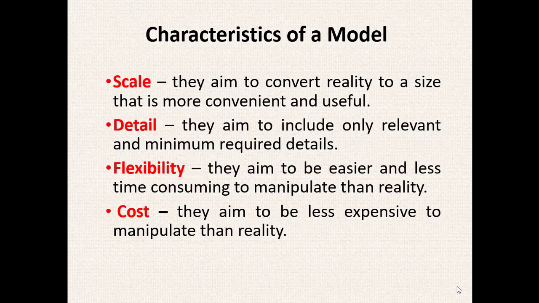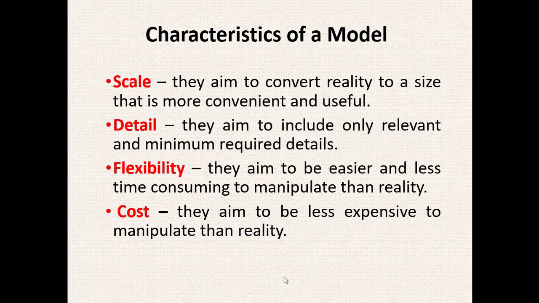Then the cost. They aim to be less expensive to manipulate than reality, right? So when it comes to this manipulation, if you have attempted to do this in a manual environment, the manipulation would sometimes take even hours, sometimes even days.